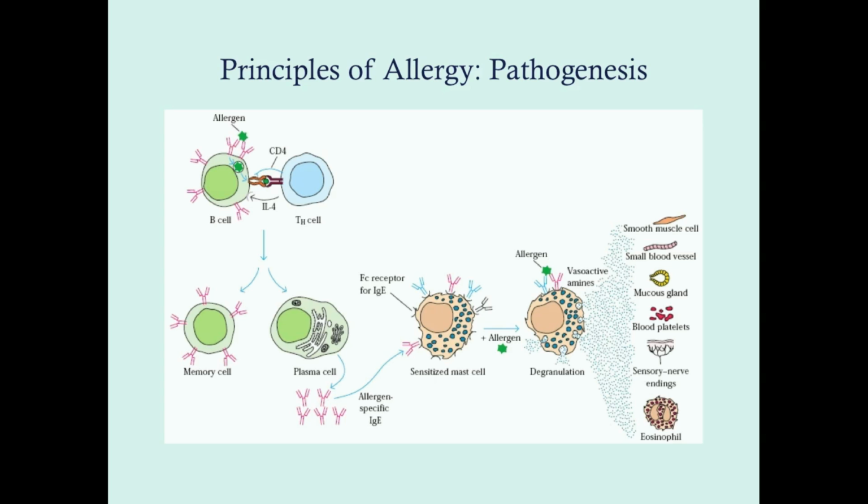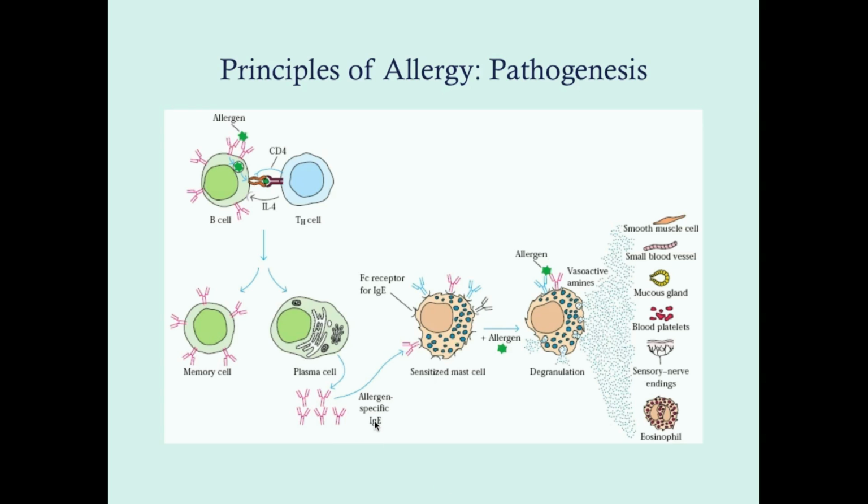When you do quantitative immunoglobulins on a person who's allergic, it's going to be IgE that's elevated. So our plasma cells make IgE. Our memory cells will sit here with surface antibody, and they will be able to respond when you have another allergic encounter.